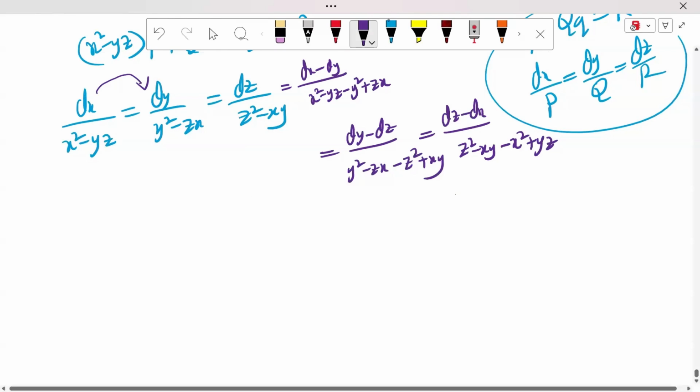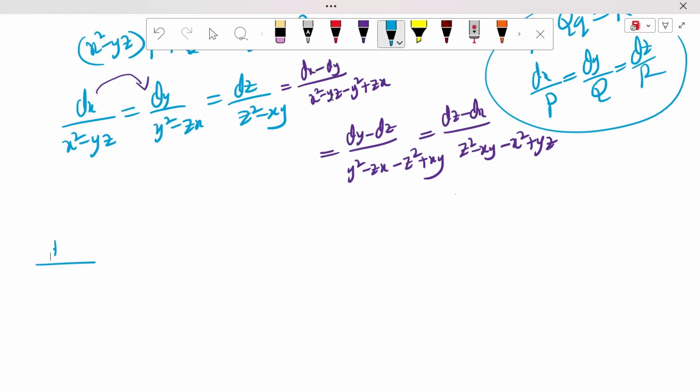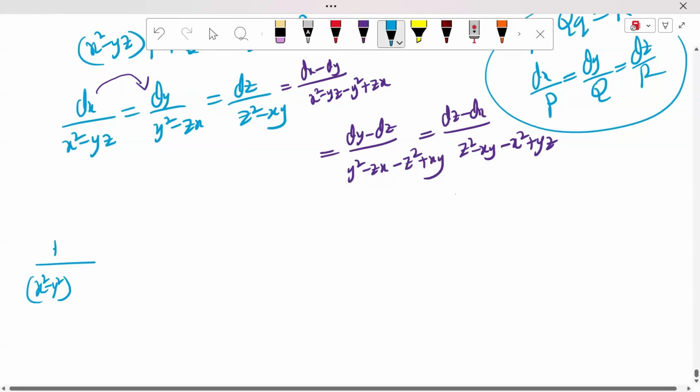Fractions. What is the first fraction? The numerator is dx, with the common denominator 1 upon x square minus y square, and y minus x is the common factor, so it is d of x minus y.